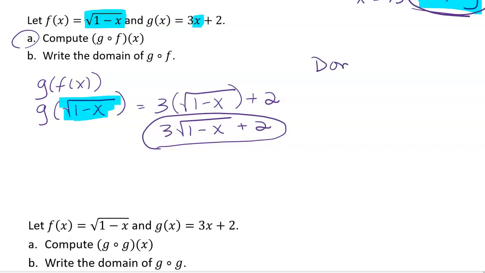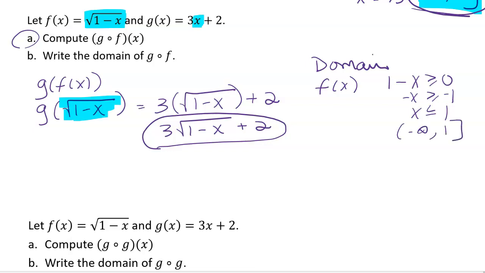So your domain of your f of x, you have square root of 1 minus x, so we know we need to put the 1 minus x greater than or equal to 0. Then solve this, and I need to use x's that are less than or equal to 1. That's going to be negative infinity to 1 bracket. Then think about your domain of your composition, which is the g of f of x.